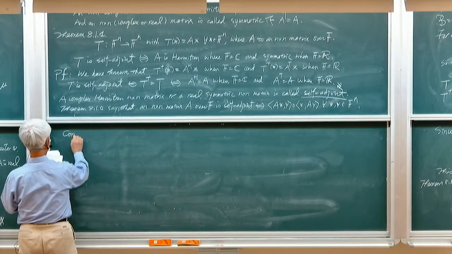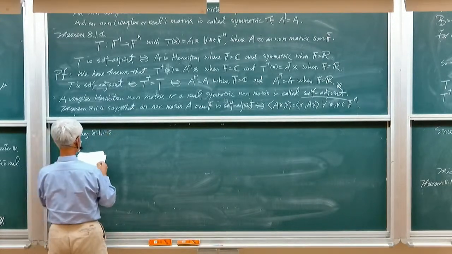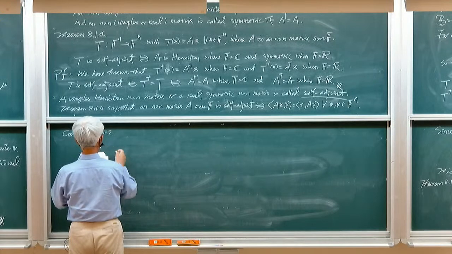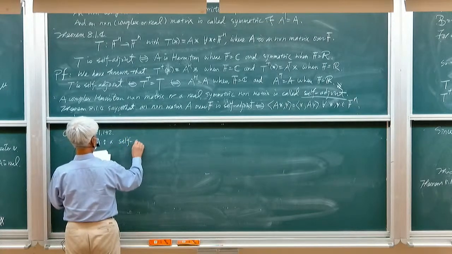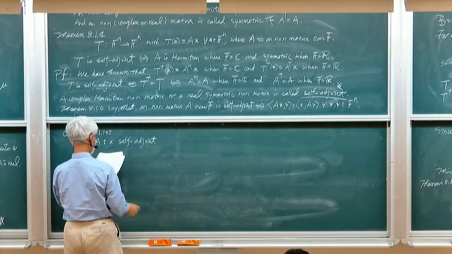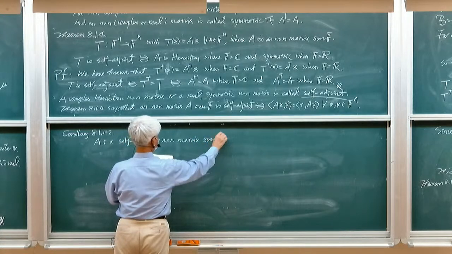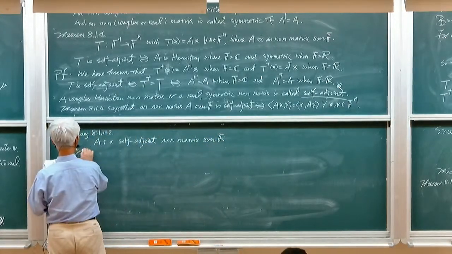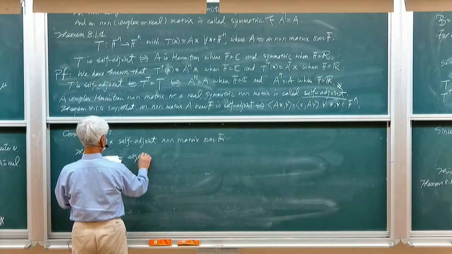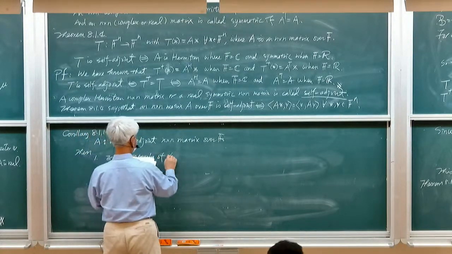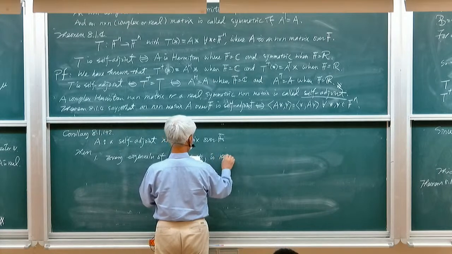So we have a corollary 8.1.1 plus 2. Let A be a self-adjoint n times n matrix over F. Then, first, every eigenvalue of A, if it exists, must be real.